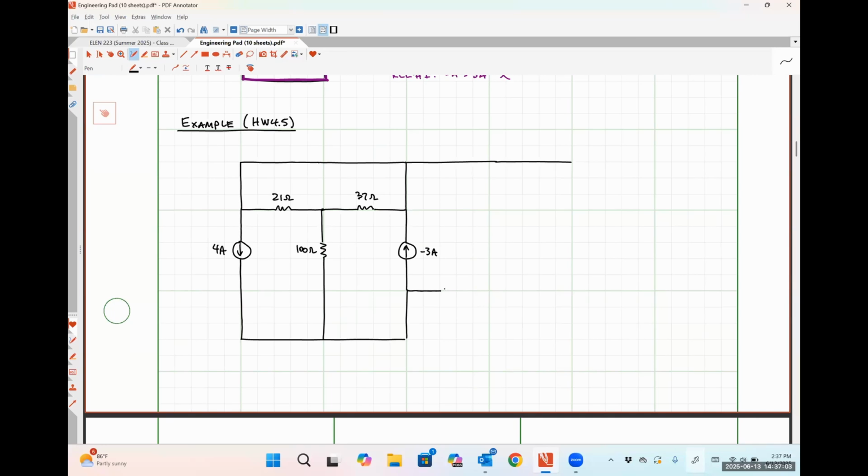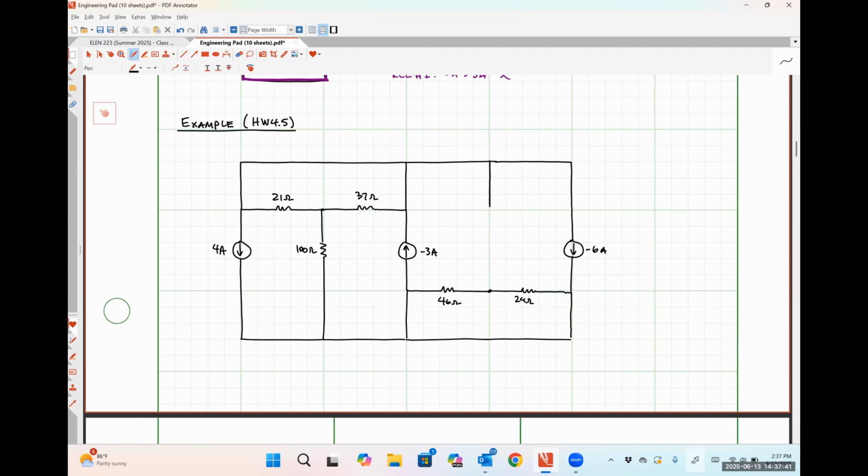And then down here, let's see, this guy is going to be 46 ohms. And then we're going to have a 24 ohm resistor. And then lastly, over here, I'm going to have another current source direction down, like so. That guy has a value of -6 amps.